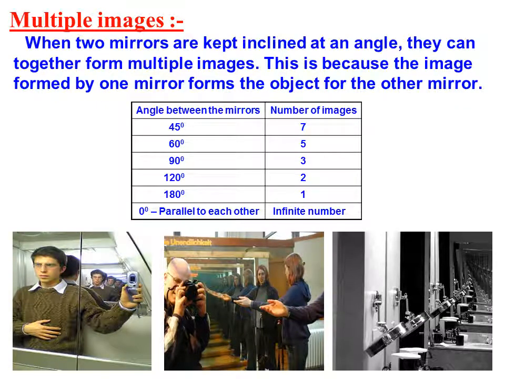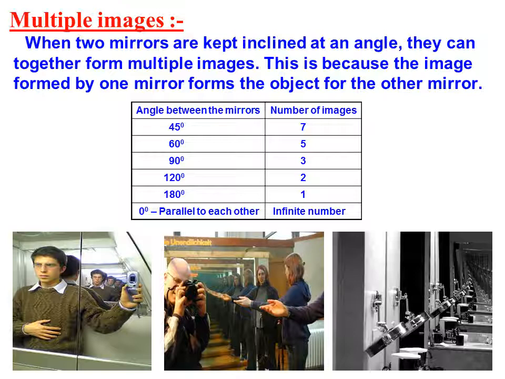Now let's talk about multiple images formed by a mirror, especially a plane mirror. When two mirrors are kept inclined at an angle, they can together form multiple images. This is because the image formed by one mirror forms the object for the other mirror.